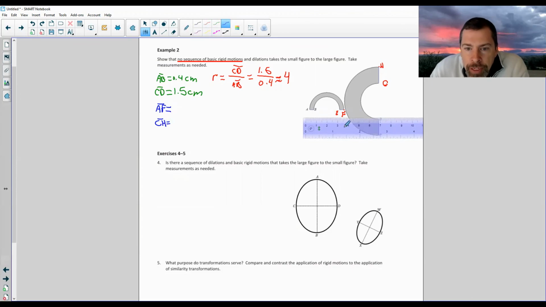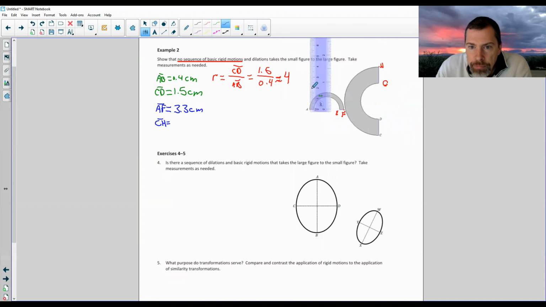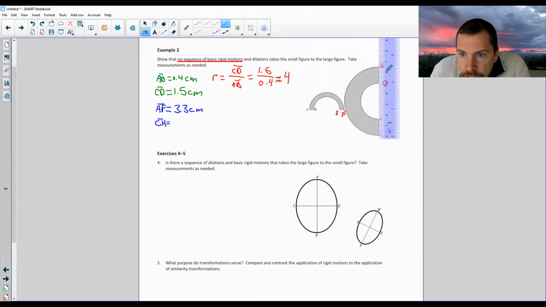And then I would measure from A to F, and it looks like 3.3 centimeters. Then take my ruler and measure C to H, and it's 6.6 centimeters.